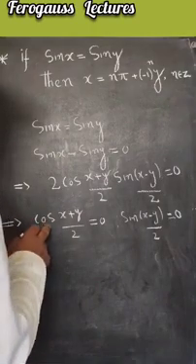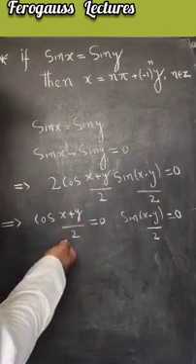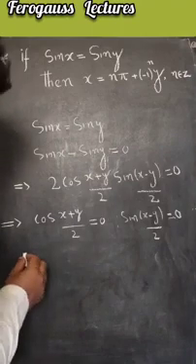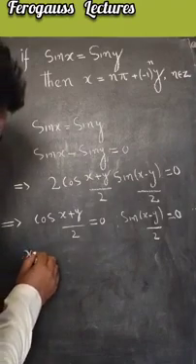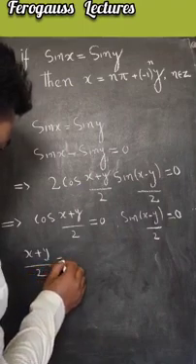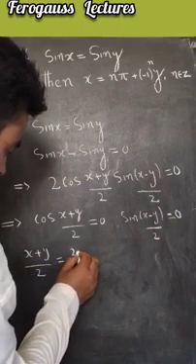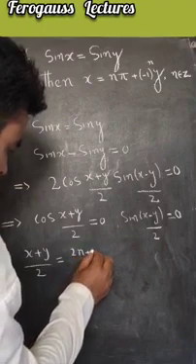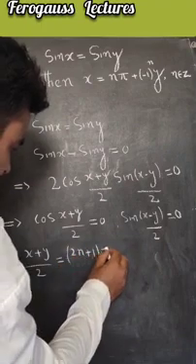Since we know that cos is 0 at odd multiples of pi by 2, so we can write x plus y divided by 2 is odd multiple of pi by 2, that is 2n plus 1 into pi by 2.